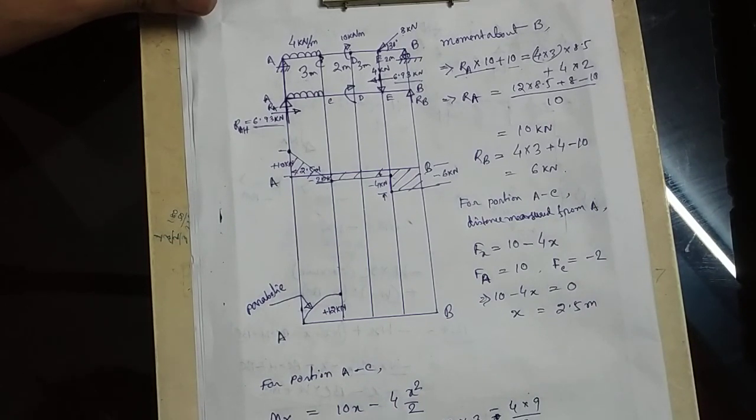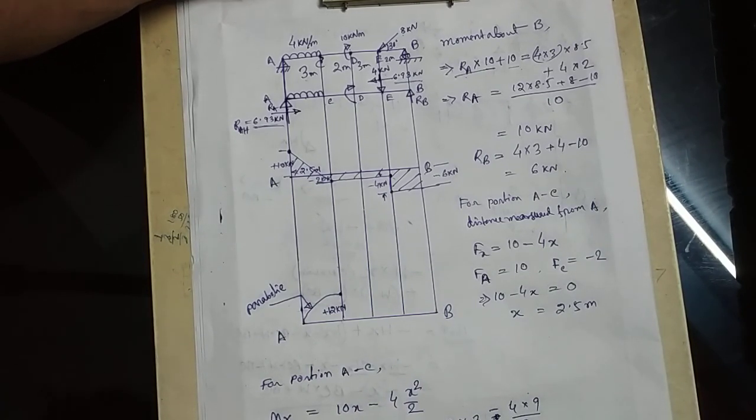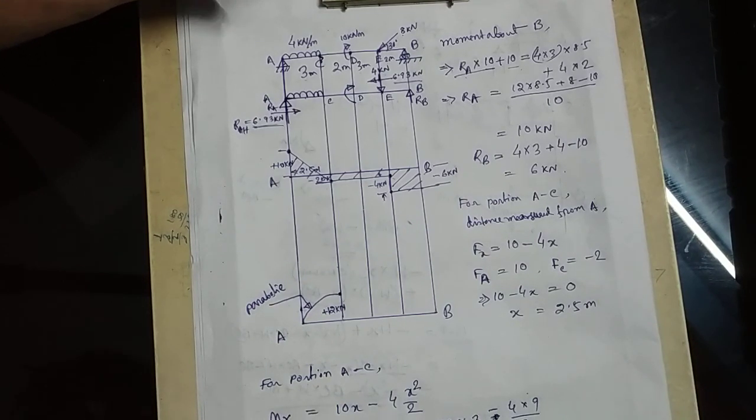now if we want to know the maximum bending moment, then how can you find it out? Bending moment is maximum where the shear force changes sign. The shear force changes sign, that means shear force is 0. At that particular point, the bending moment is maximum.